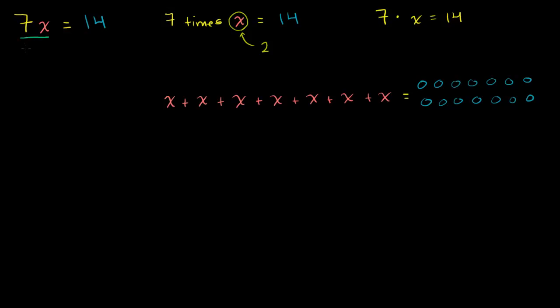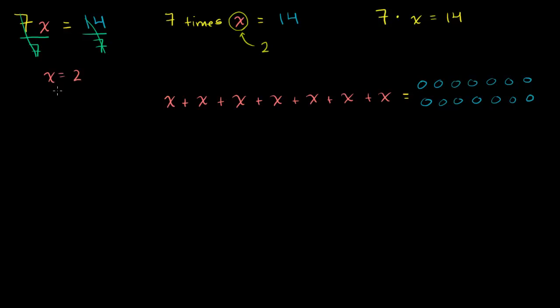If you divide both sides by 7, what do you get? 7 times something divided by 7 is just going to be that original something. The 7's cancel out. And 14 divided by 7 is 2. So your solution is going to be x is equal to 2.